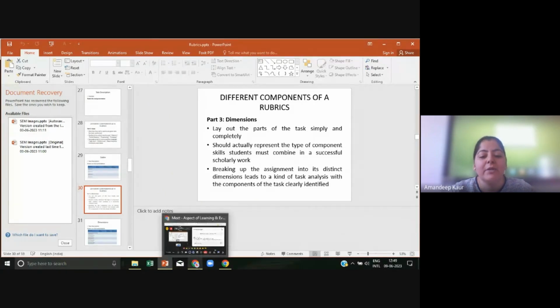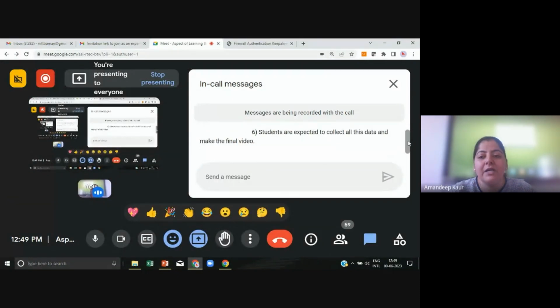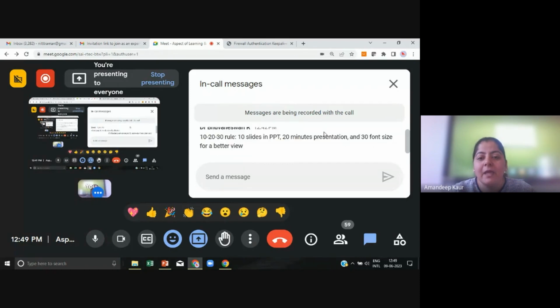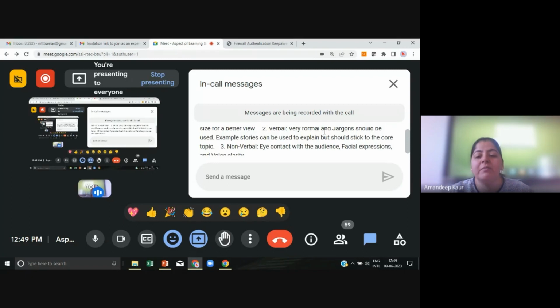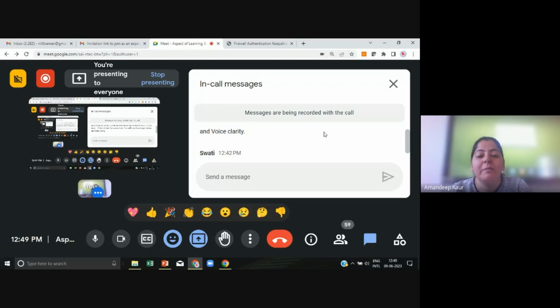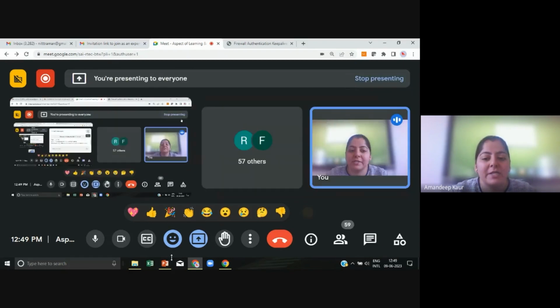For example, go to your chat box and check the last activity, where Dr. Bhuvneshwari ma'am wrote: timing of the presentation; verbal, very formal jargon should be used, example stories can be used to explain, but should stick to the core of the topic; non-verbal behavior needs to be appropriate. So these are nothing but the dimensions of that presentation skill.